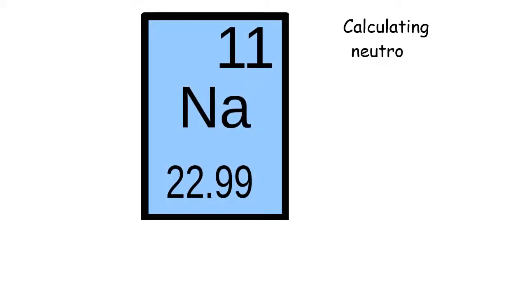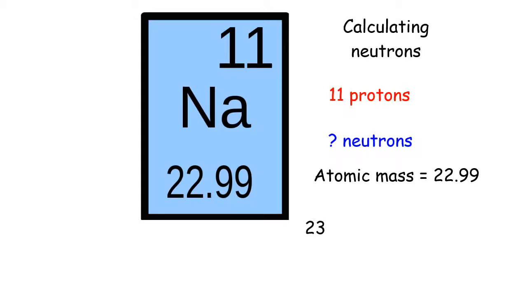So looking more closely at the key, you have 11 protons. How many neutrons do I have? The atomic mass equals 22.99. So the first thing you need to do is round this 22.99 up to 23. To calculate neutrons, I round the atomic mass to the nearest whole number.